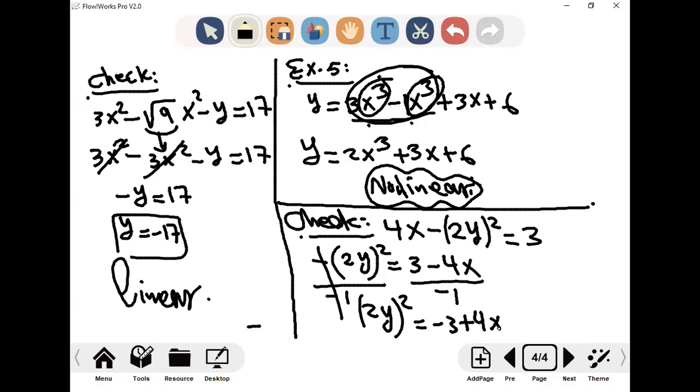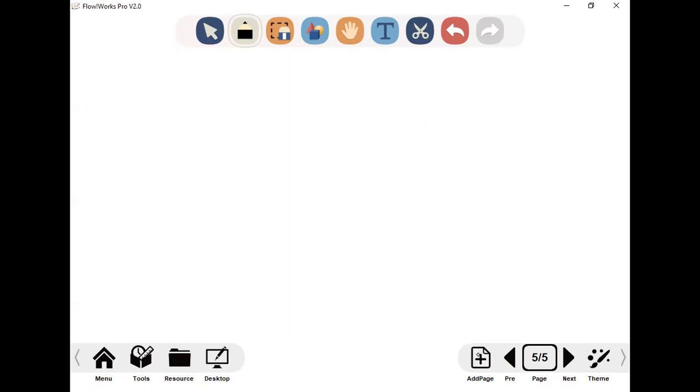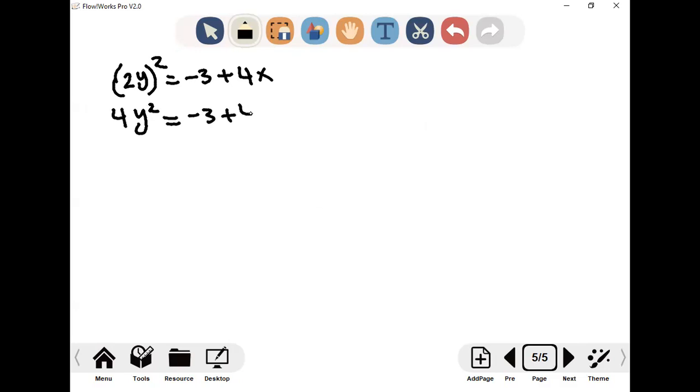في مشكلة لهون؟ نكمل على الصفحة الثانية. So we have 2y all power 2 equal negative 3 plus 4x. لهون احنا وصلنا صح؟ طيب. Now distribute the power as I told you. 2 power 2 y power 2 equal negative 3 plus 4x.